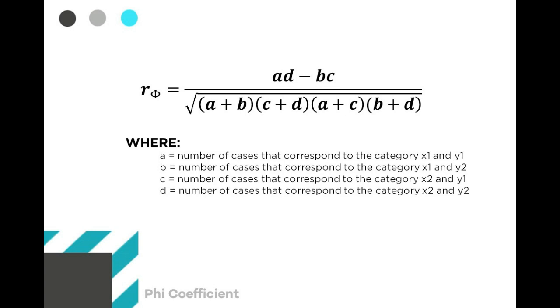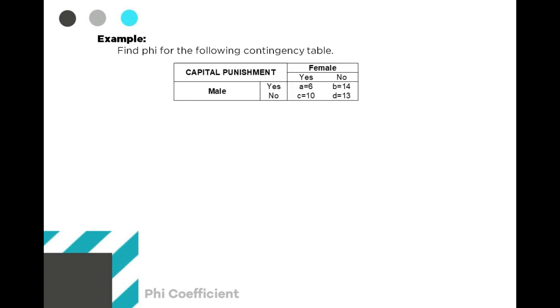For example, we want to check the phi relationship of this contingency table. We have the capital punishment, so we have two variables. We have the sex, which is male and female, and then whether they are pro or anti capital punishment, so we have yes or no. So these are the results.